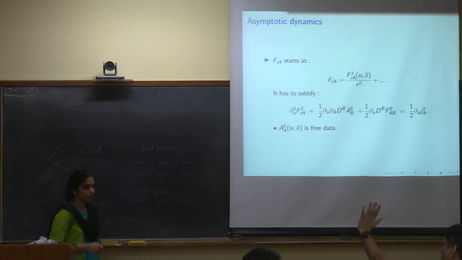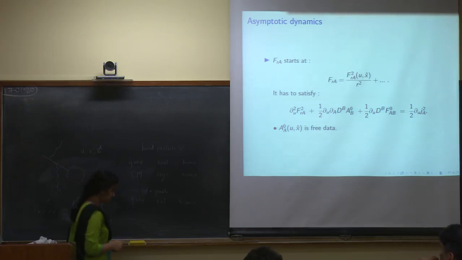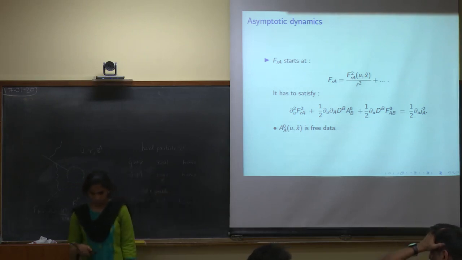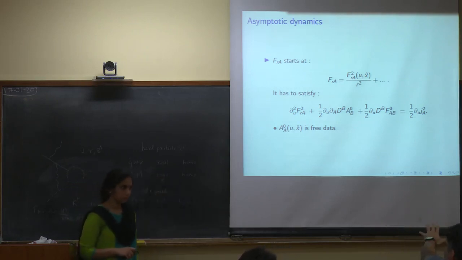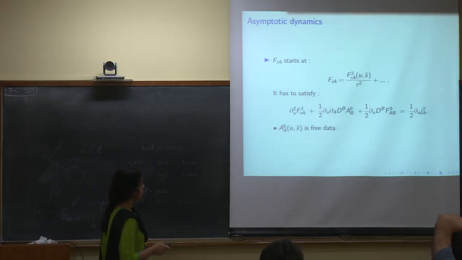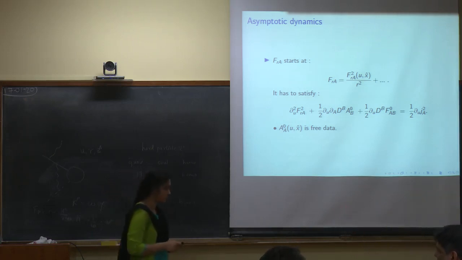Yeah. So whatever is happening, why is it happening more at scri at infinity? But radiation should go to 0 at infinity, right? That's at u equals minus infinity.